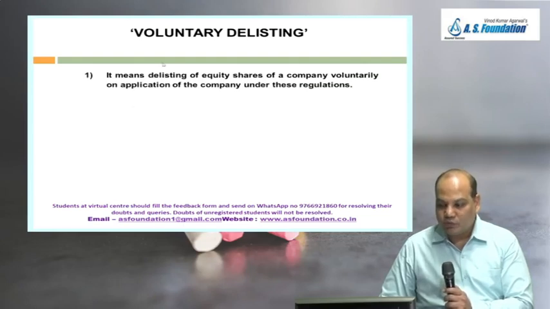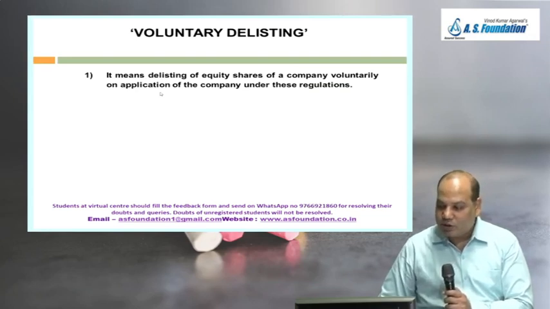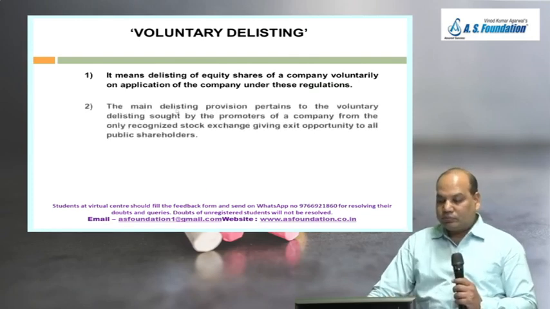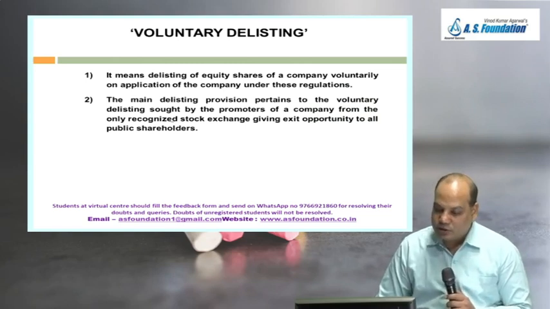First is voluntary delisting. So what is the SEBI guideline on voluntary delisting? You read this paragraph. It means delisting of equity share of a company voluntarily on application of the company under these regulations. So management or the promoter will have to make an application for delisting.